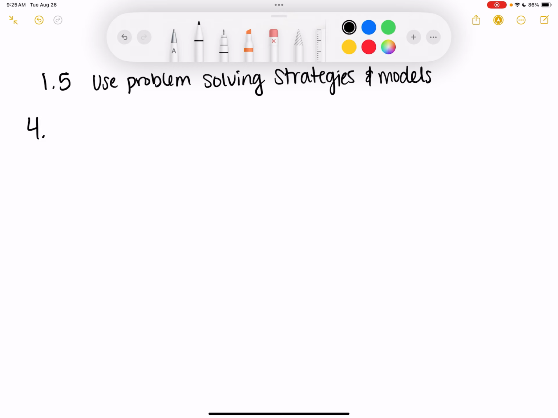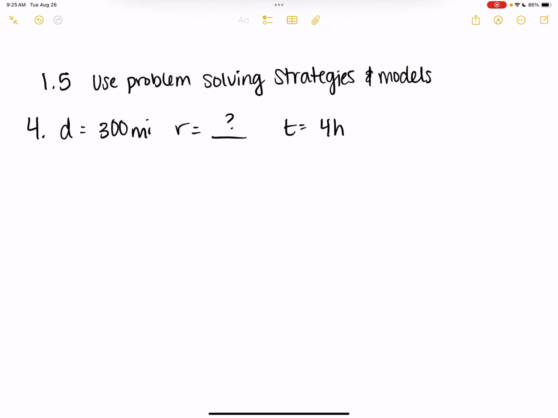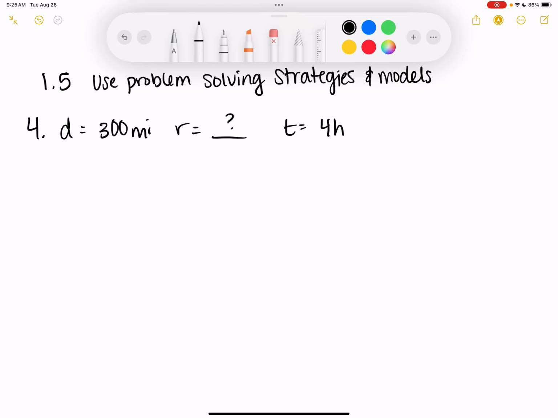So D is 300 miles. R is what we're solving for, and T is 4 hours. The formula, they give it to you in the instructions, but it's D equals RT.